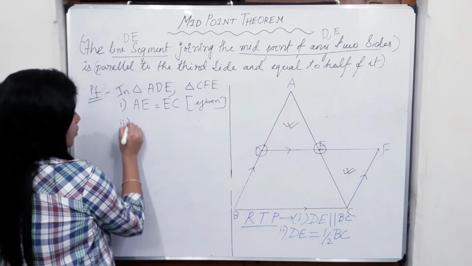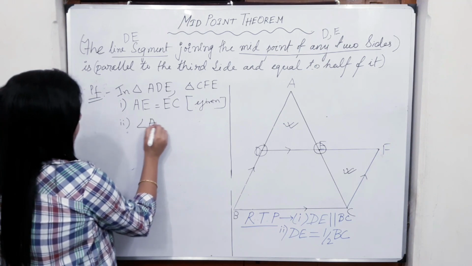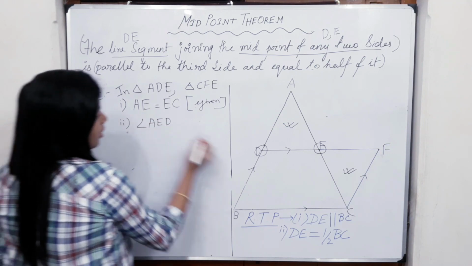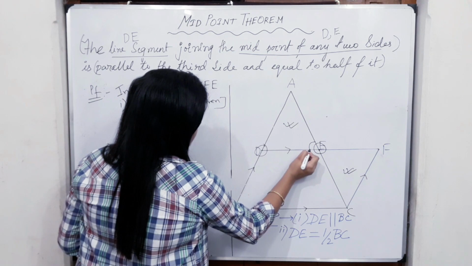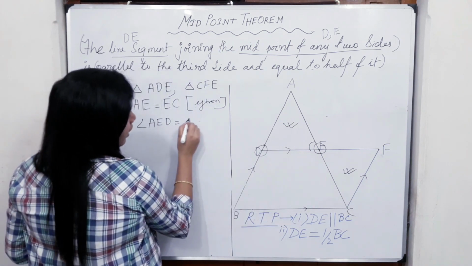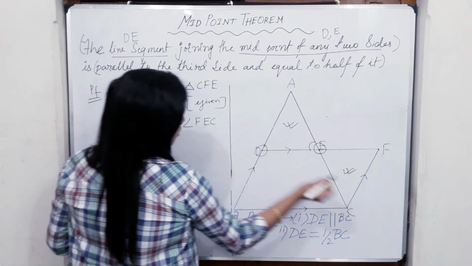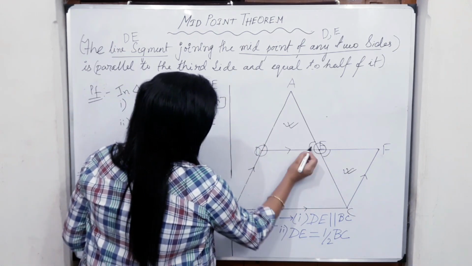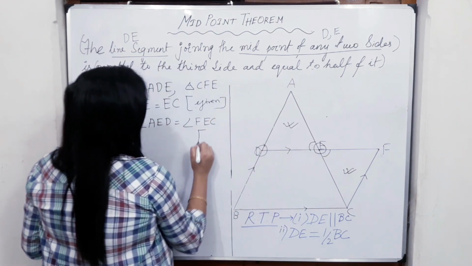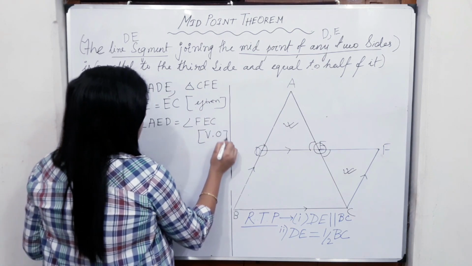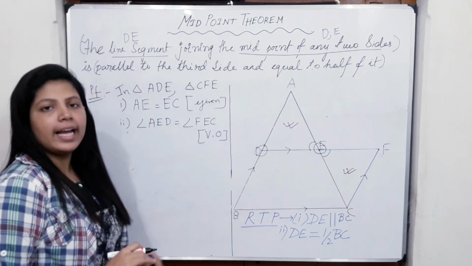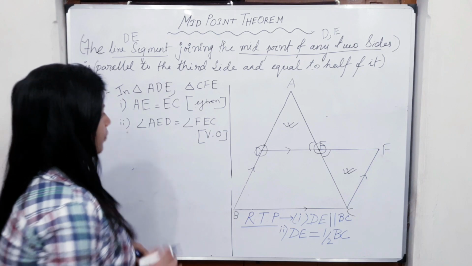Number 2, angle AED equals angle FEC, because both of them are vertically opposite angles and we know that vertically opposite angles are equal.